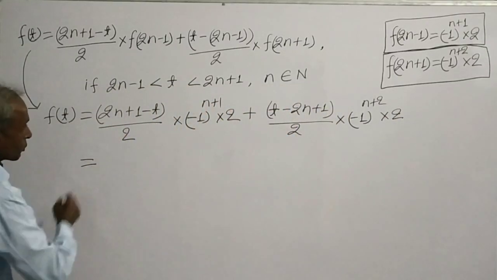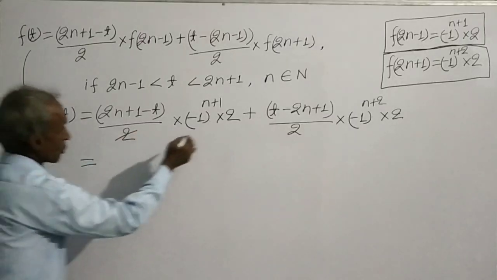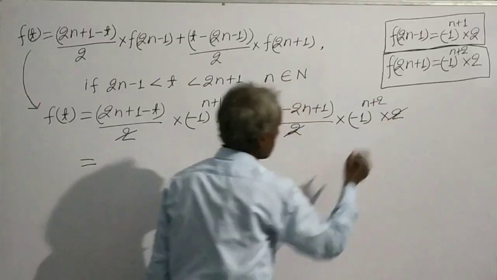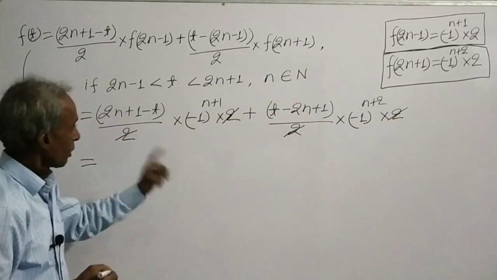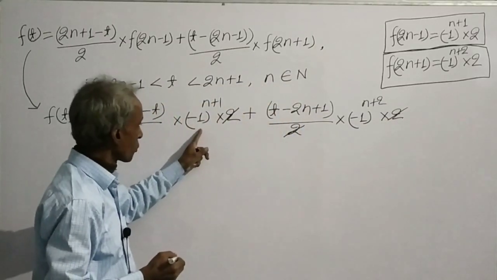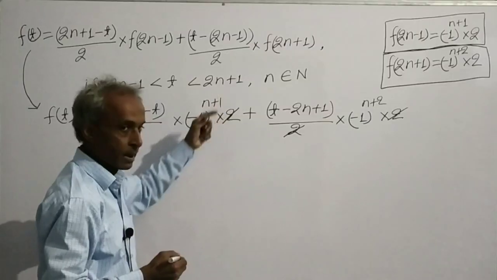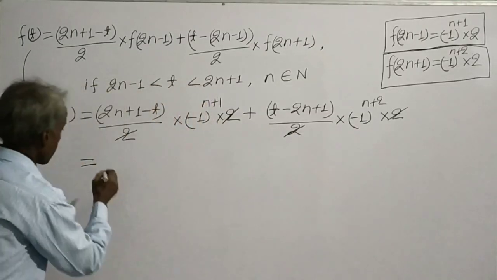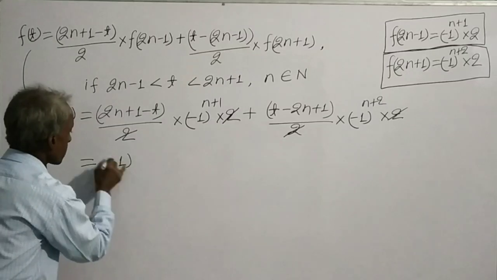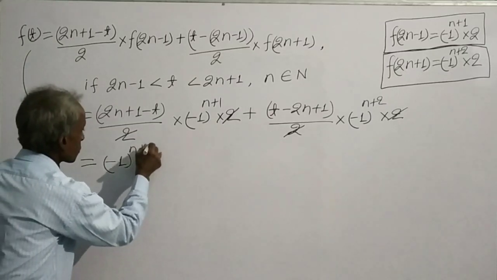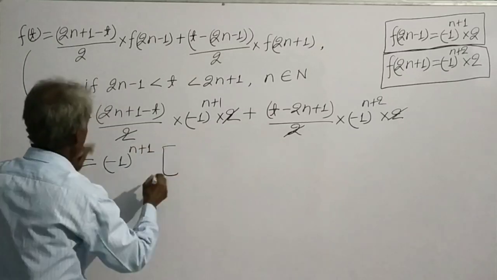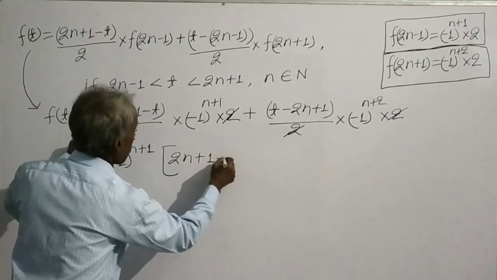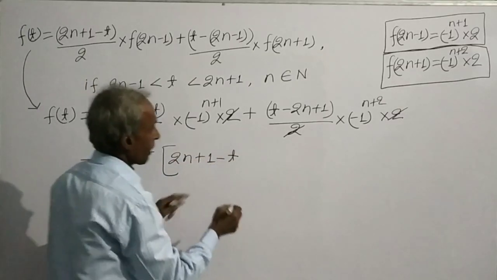These two will be cancelled out, these two will be cancelled out. We take (-1)^(n+1) common from here and here. Then there is left 2n plus 1 minus t.